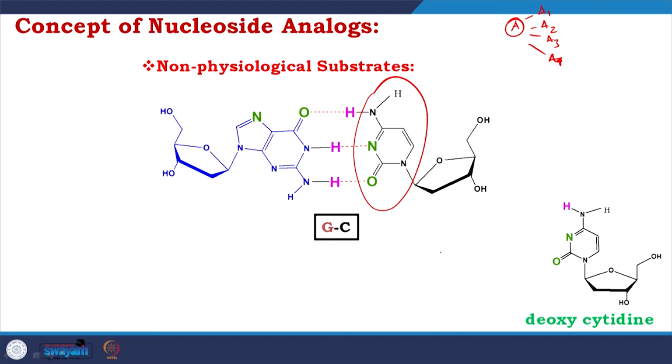Before going into details, I could show you that we designed a compound and actually got rid of this hydroxyl group.